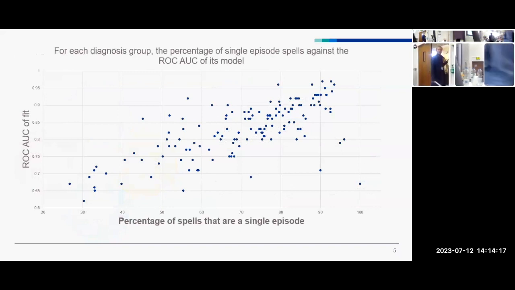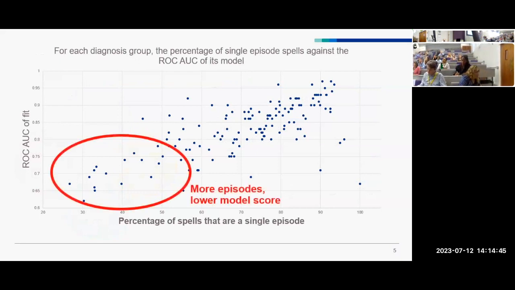Another issue I noticed was that the SHMI only looks at the first episode in a patient's spell. I noticed a trend where the lower performing models were much more likely to have a higher number of episodes in each spell.